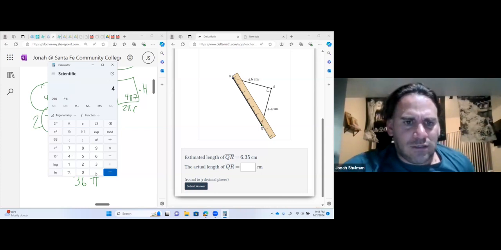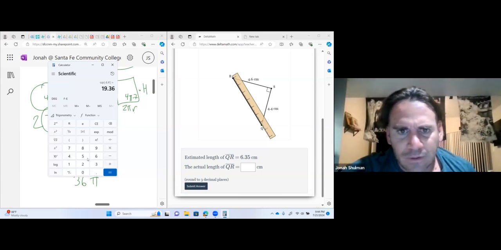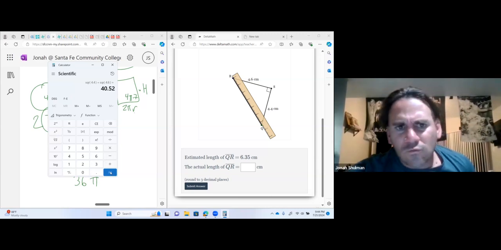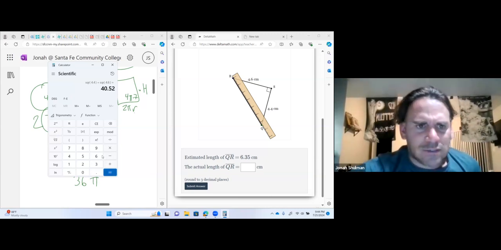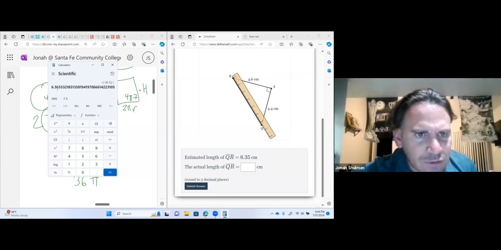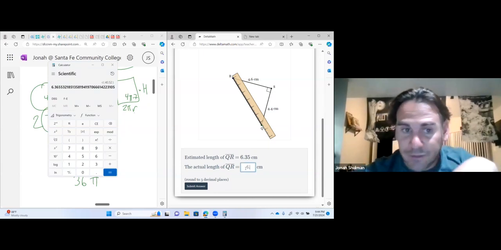All right, I'm trying this again. 4.4 squared. 40.52. Yeah, that's it. Now let's see the square root. Okay, 3 decimal places. 6.366.